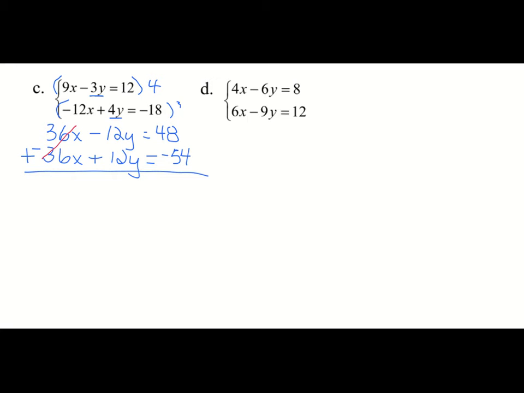My negative 12y and my 12y cancel, so I have a 0 on this side, and 48 plus negative 54 is negative 6. So this is similar to what we saw with substitution. Does 0 ever equal negative 6? Hopefully you're shouting no. And that means that these two equations form parallel lines. So there is no solution.